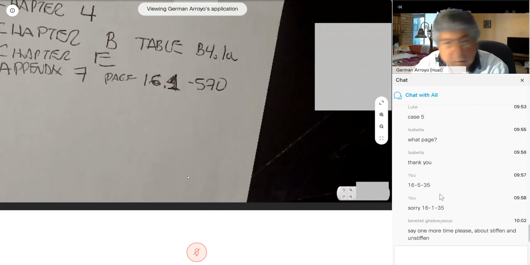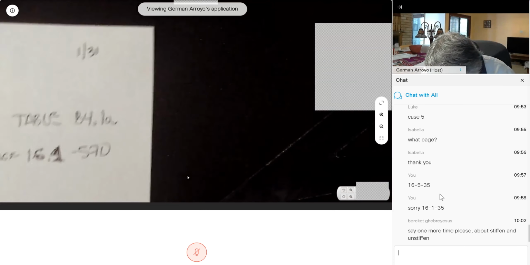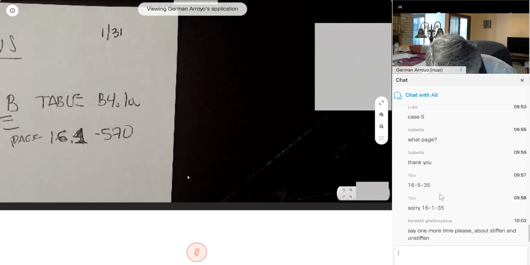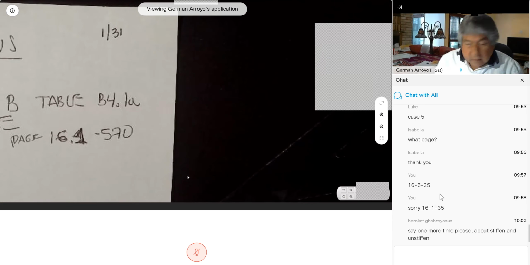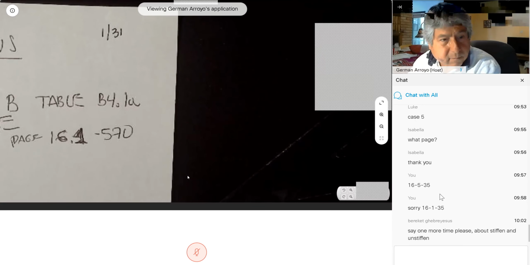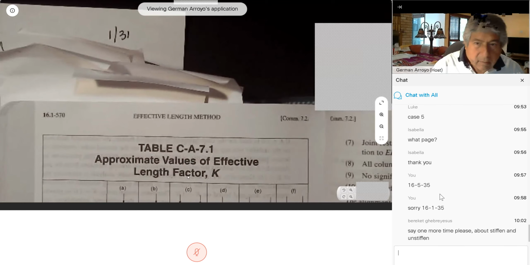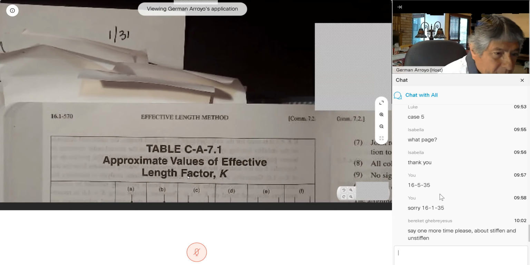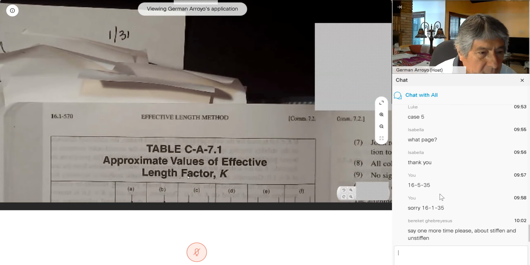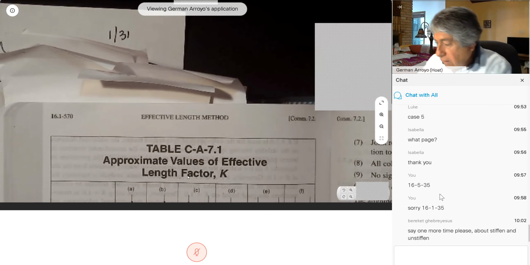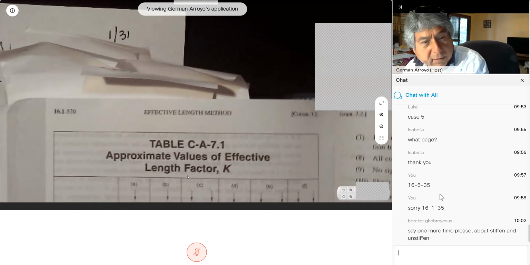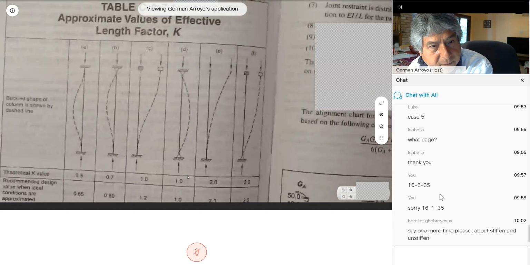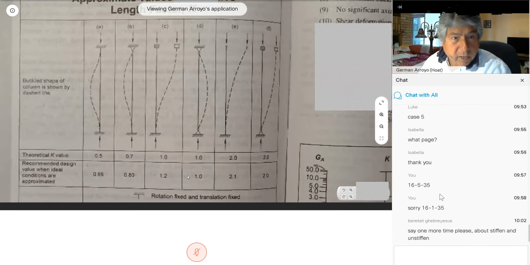Appendix 7, go to page 16.1570. And this is the page. 16.1570, the K value that we have to use to determine what they call the effective length.